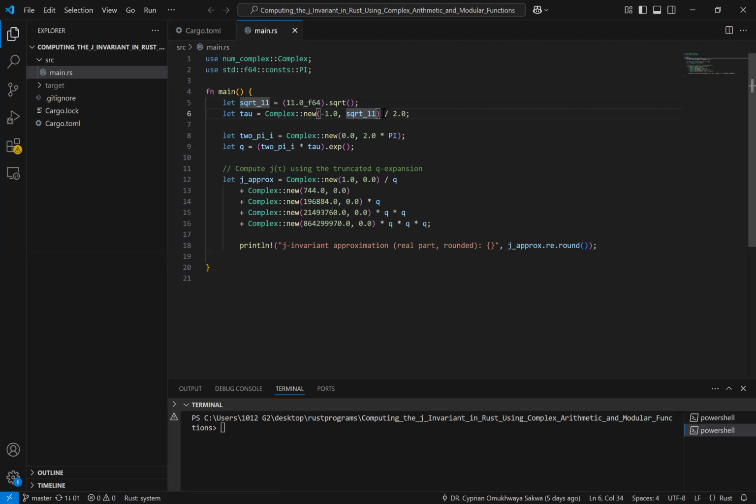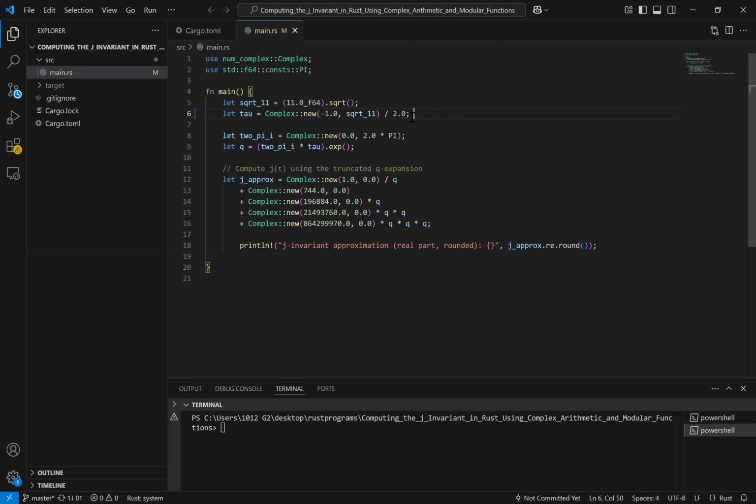This is just a formula that we had. The formula was negative 1 plus the square root of negative 11, everything divided by 2.